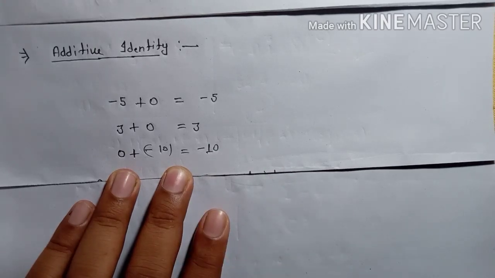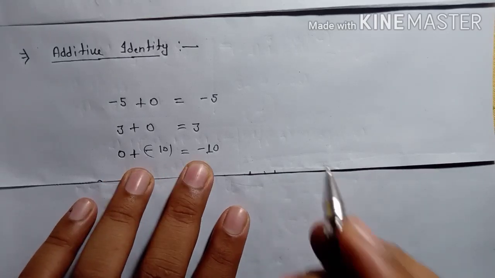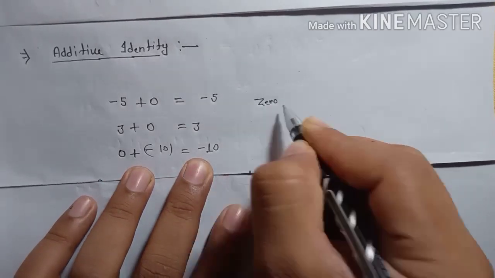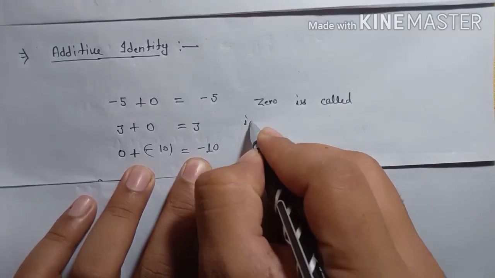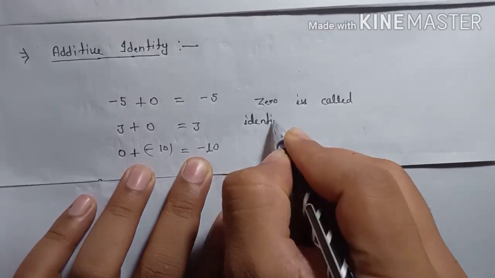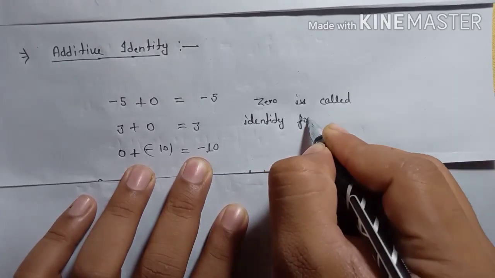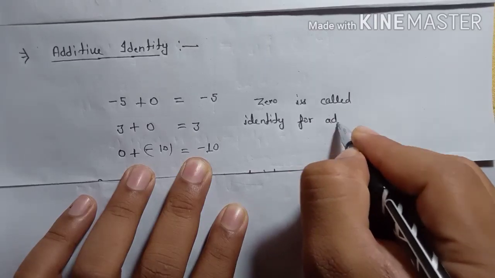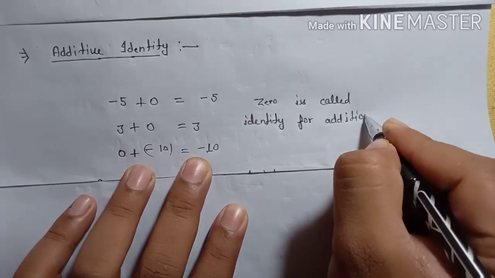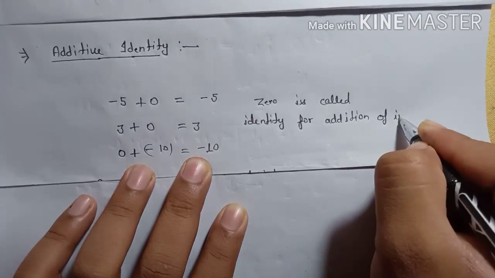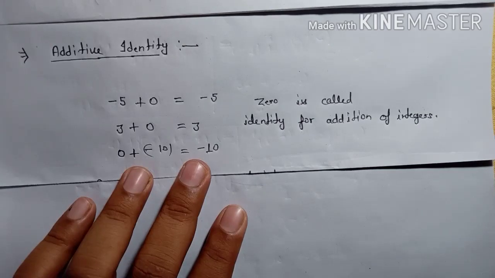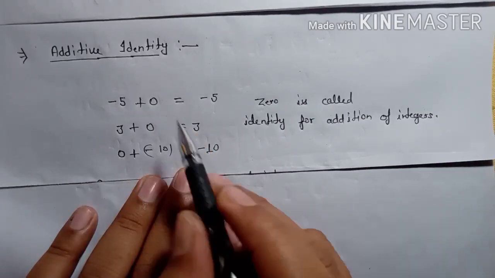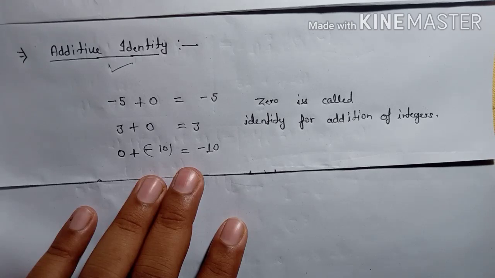This means that 0 is the identity for addition, so you can write 0 is called the identity for addition of integers, or 0 is also known as the additive identity for integers.